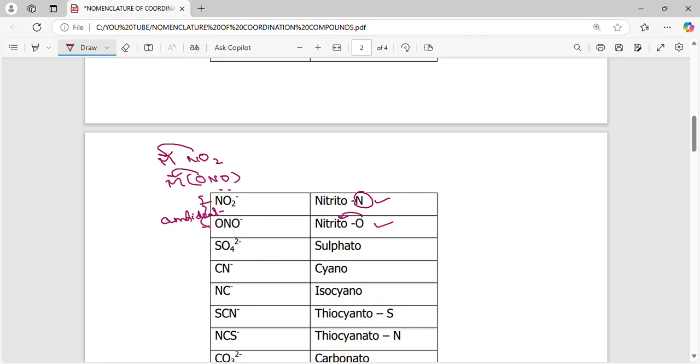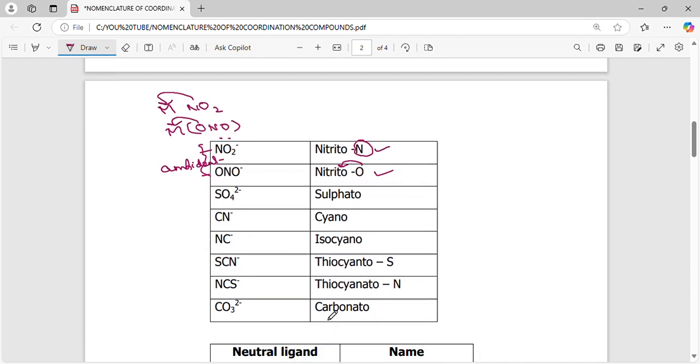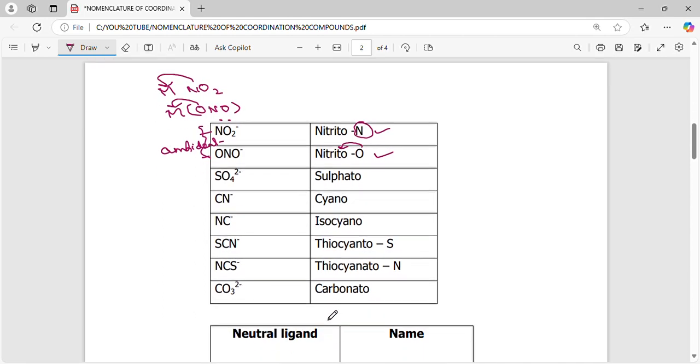Then SO4 2 minus is sulphato, CN minus is cyano, NC minus is isocyano. Again these two are ambident ligands. But in that case the names are different, cyano and isocyano. In the previous case both are nitrito, so to differentiate those two we use the letter N or O accordingly. But here the names themselves are different, so no need to give any other letter to differentiate.